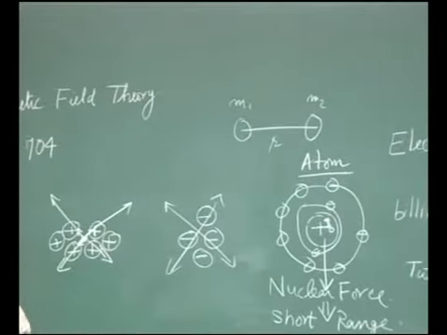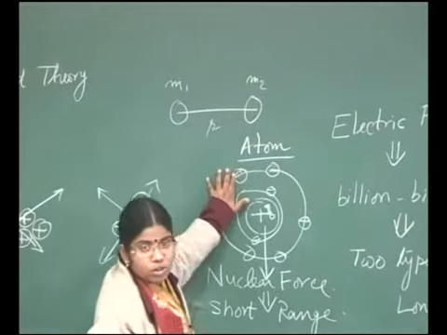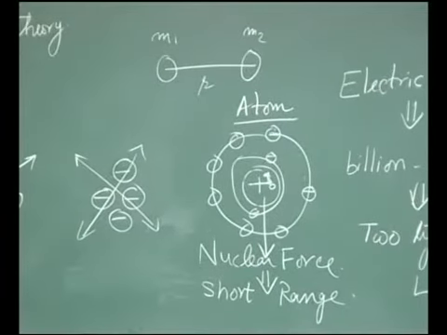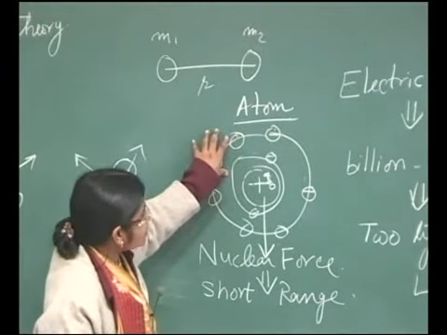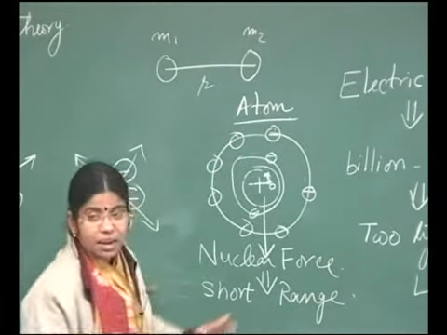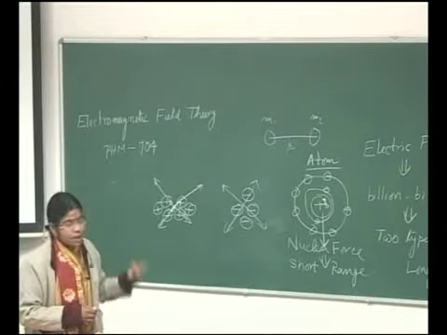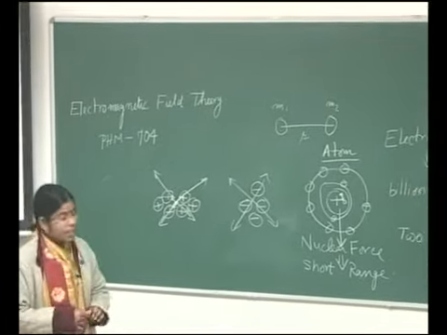The answer is, if I have to confine an electron in a space, I need to give a large amount of momentum. That is the reason these electrons are in a specific space with some fixed angular momentum, and they are able to orbit around the nucleus without flying apart.